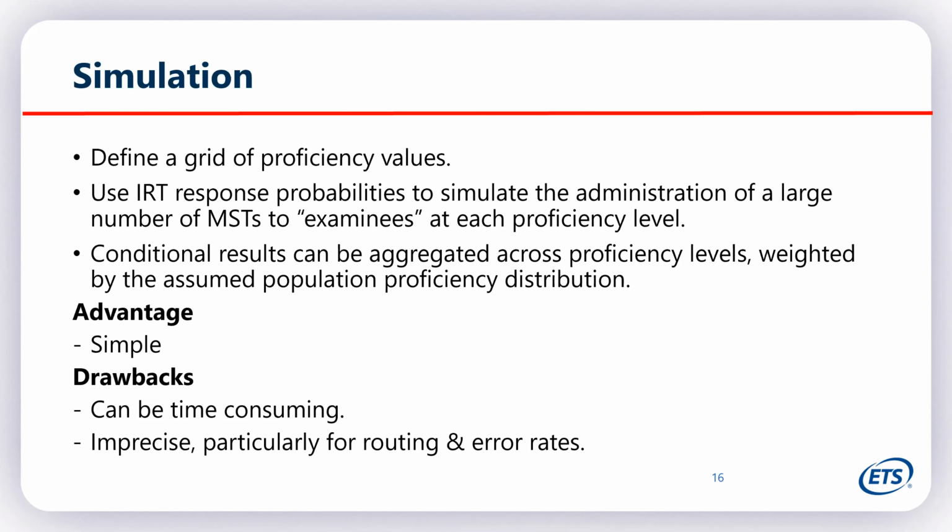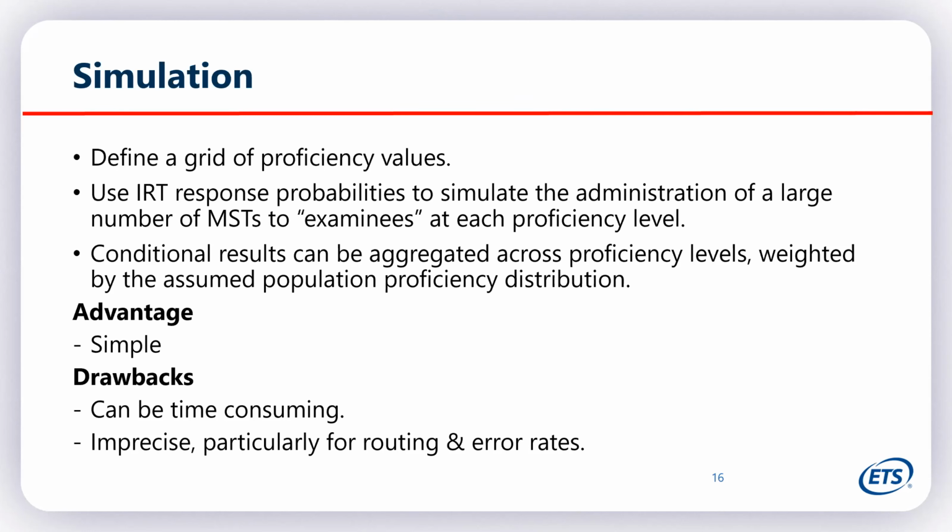The second drawback to simulation is that it can be imprecise, especially if it's done quickly with relatively small samples. You see that particularly with routing and router error rates, because some of those are based on very low probability incidences, so that you may have one or a handful of examinees at a fairly low proficiency level who in simulation do well enough to be routed along the highest route.